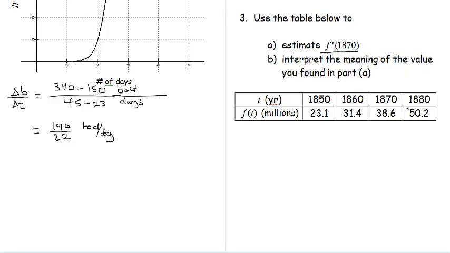And what's appropriate is you can use the 2 points on either side of the year in question, or you can use the year in question with the point to the left, or you can use the year in question with the point to the right. All right, we're going to estimate f prime of 1870 by using the 2 points on either side of it. So delta y over delta x.